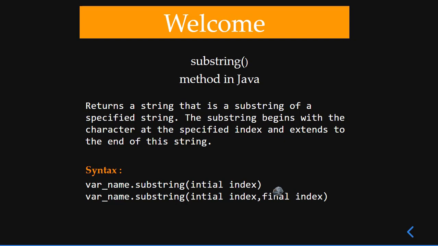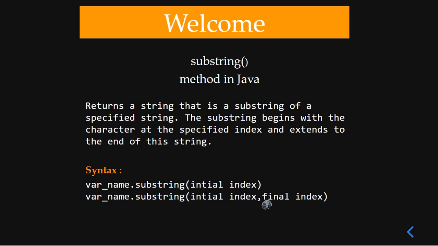We can do this in two ways. In one, we know only the initial index and have no idea about the ending value of the string. In that case we use the first approach: we only specify the initial index or starting value, and it extracts the sub part of the string from the specified index to the end of the string.